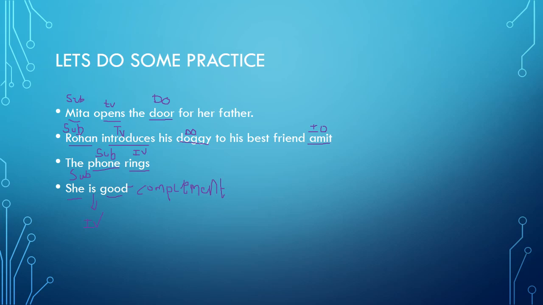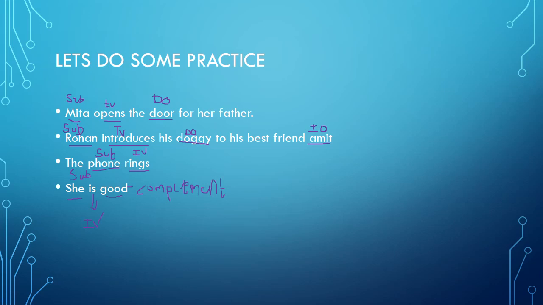Now let us take the phone rings. Very simple. The phone is here the subject. And rings is here an intransitive verb. Now, why is it an intransitive verb? Let's check.